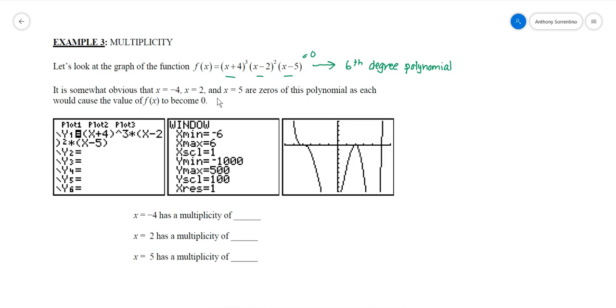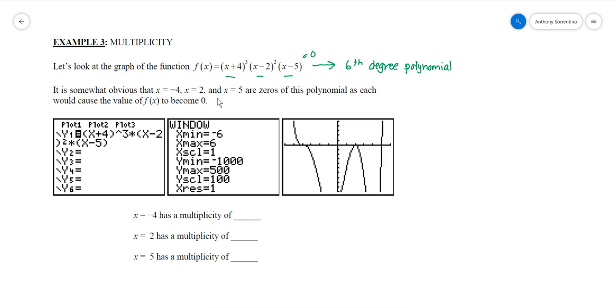And again, if I square that 0, it's still 0, and the multiplication with the other two quantities would still be 0. And of course, 5 is a 0 because it makes the third quantity 0. So these are the zeros of the polynomial. Those are the only zeros, because those are the only values of x that would make this polynomial function be 0.